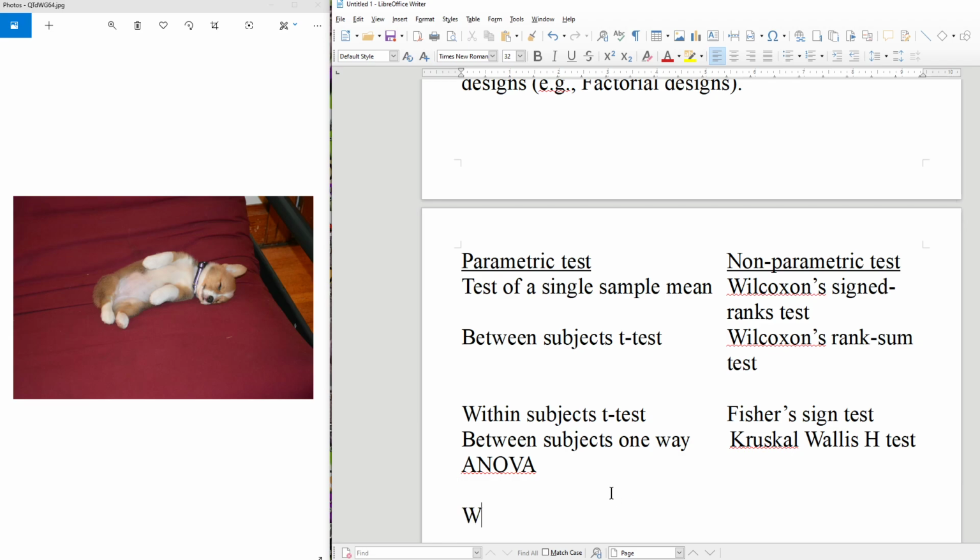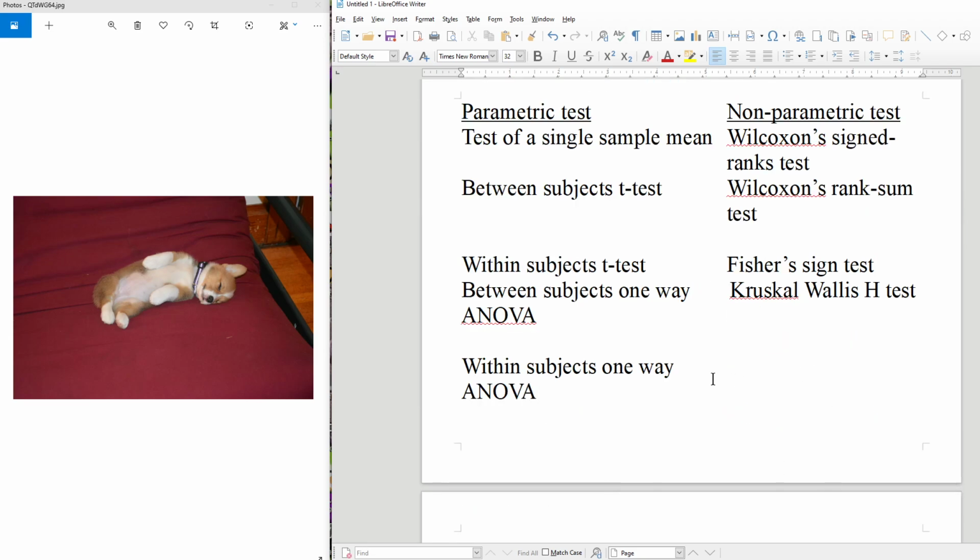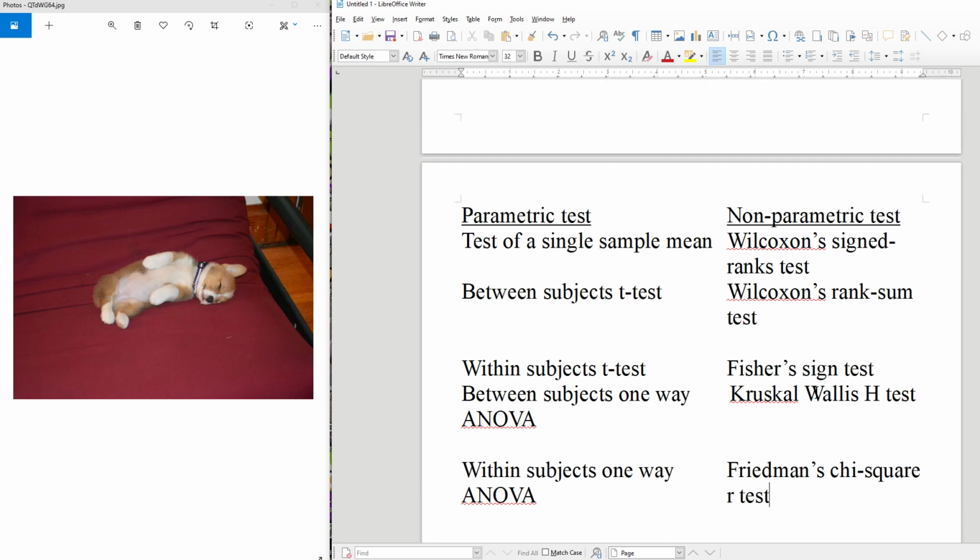And then the last one, the within subjects one-way ANOVA, the equivalent for that is Friedman's chi-square R test, is what it's called. Friedman's chi-square R test. That's the equivalent of the within subjects one-way ANOVA.